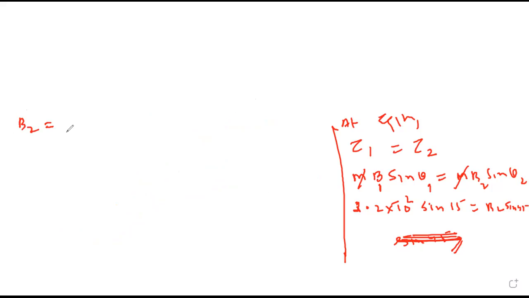B2 equals to 1.2 into 10 raised to minus 2 sine 15 upon sine 45.